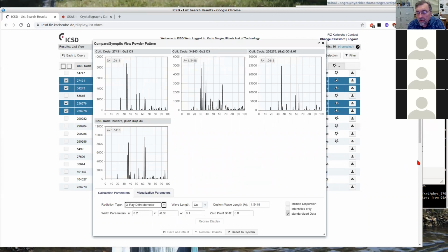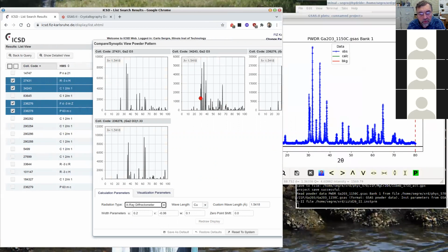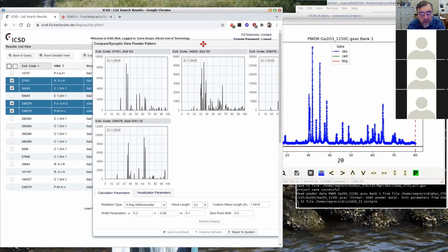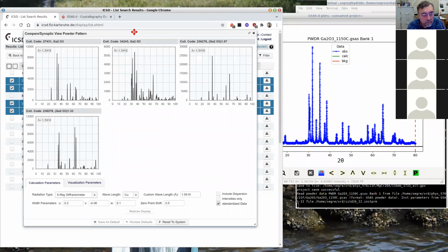So the question is, which one best resembles our current data set? And then we'll choose that and we'll work from that. So looking at this and remembering that there can be preferred orientation, it looks like this is the guy.